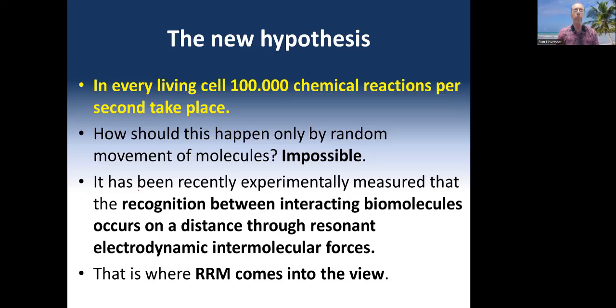effective. Why not? Because they found out, and please take a note at the yellow line, that in every living cell, and we have 30 billion cells in our body, every single cell has per second 100,000 chemical reactions. Every cell, every second, 100,000 chemical reactions. So that must be an enormous activity inside the cell.